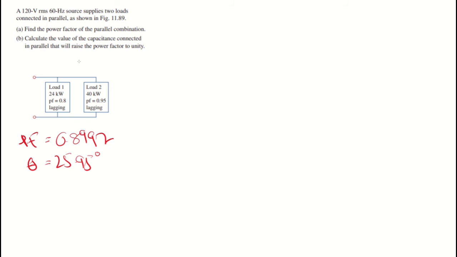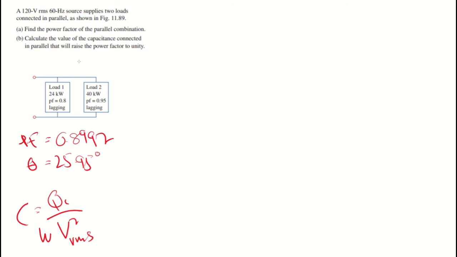So we can use the formula C equal to QC over omega V RMS square. Omega is 2 pi f, where the frequency is 60 Hz, and V RMS is already given in the question, which is 120 volt RMS.